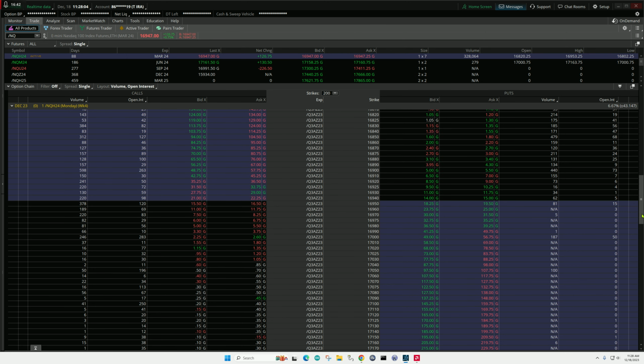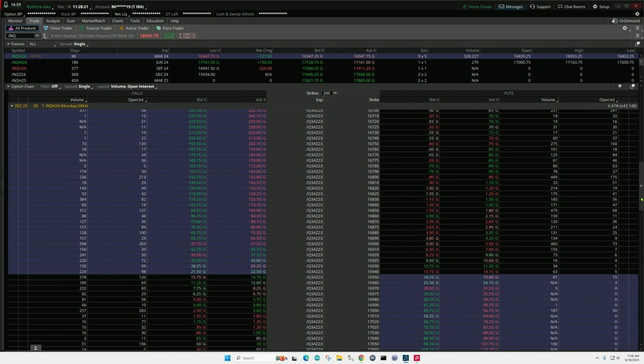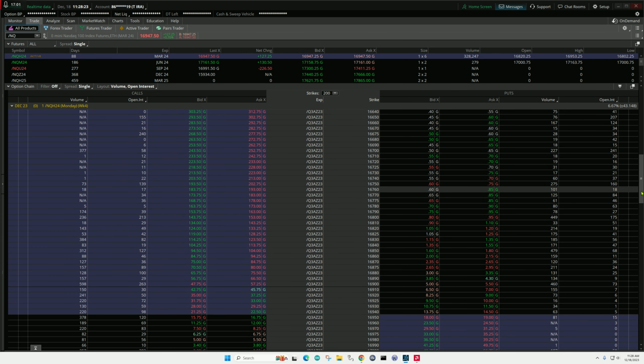You should look at the put side as well. The put side really wasn't stacked with a lot of high open interest. You have high open interest down here at 800, 750, and 700. It doesn't mean price is going to go down there.